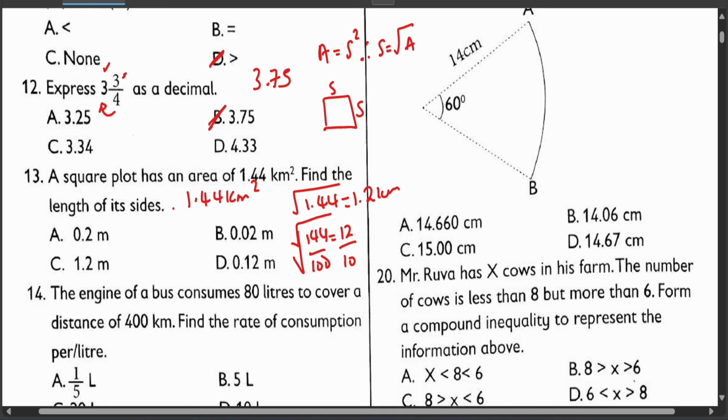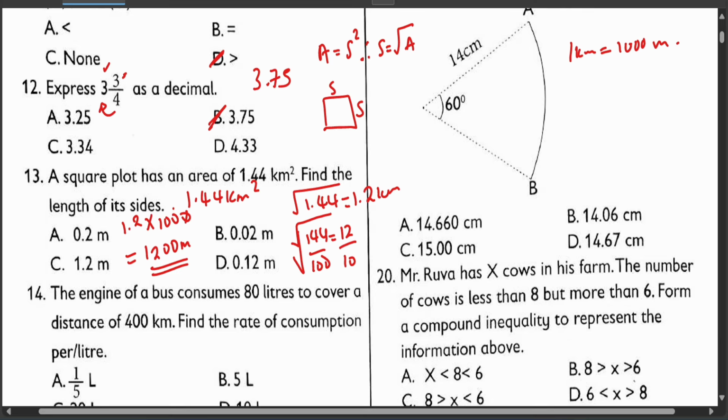But here the answer options are in terms of meters, so we need to change kilometers into meters. 1 kilometer is equal to 1,000 meters. So here 1.2 multiplied by 1,000 gives you 1,200 meters, if I'm not wrong.